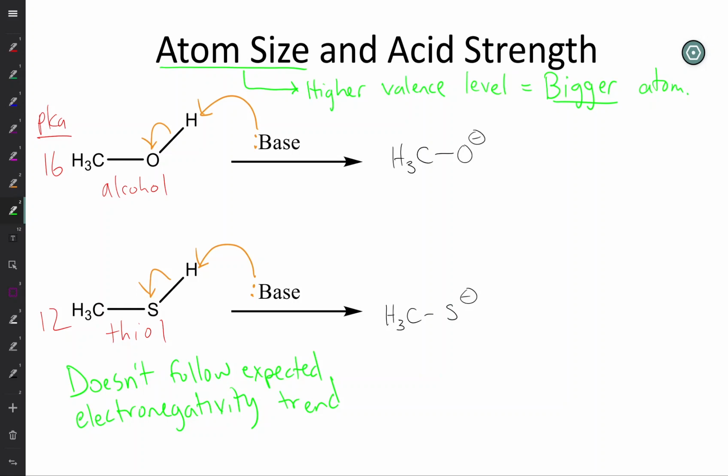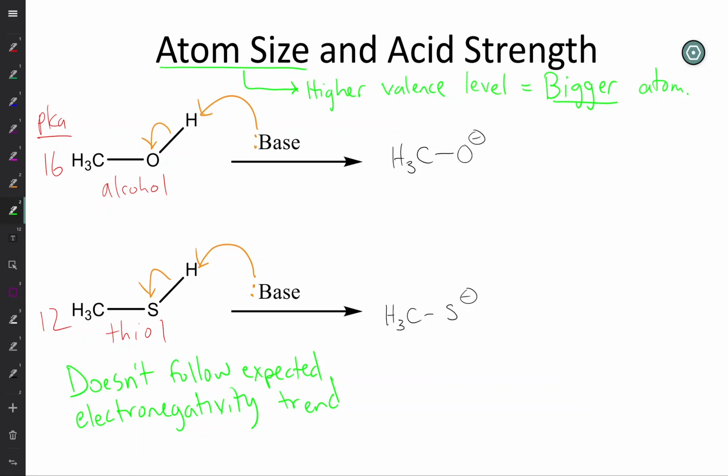Imagine someone with really big hands trying to hold a baby's hand. The baby's hand can slip through the cracks in the big hand. Bigger atoms have a harder time holding on to hydrogen. They don't bond as effectively. Their orbitals don't overlap with the hydrogen orbital as effectively.